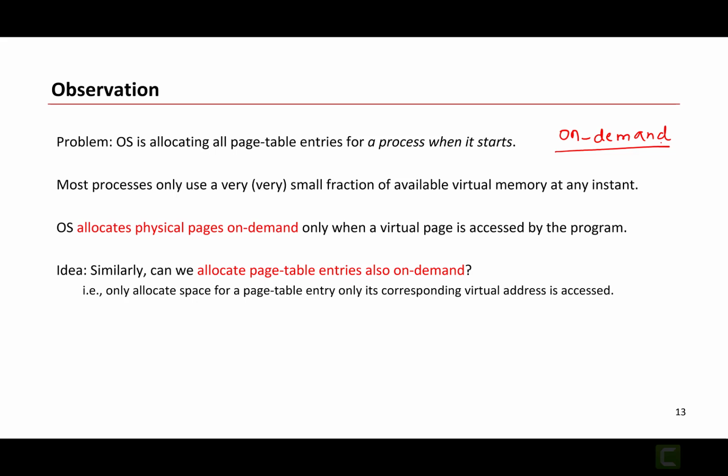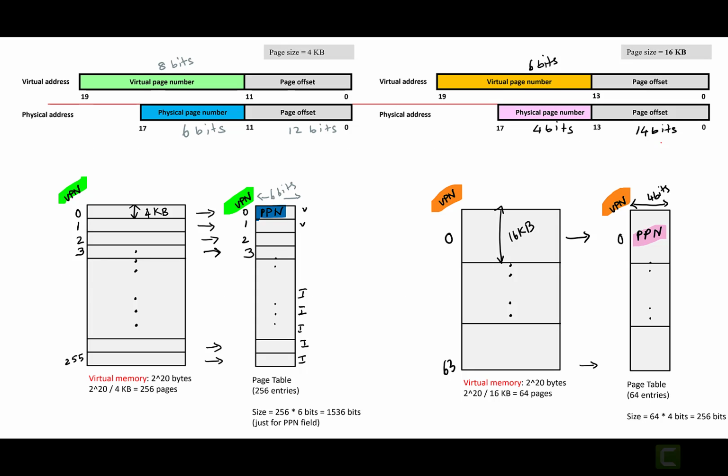But we cannot just directly apply it because we need to always have the capability to translate every single virtual address, right? We cannot afford to say, well, I'm just not going to keep track of any information for a virtual address. That's just not possible. We need to have the translation information for every virtual address. So we can't skip that. So let's see how to go about doing that.